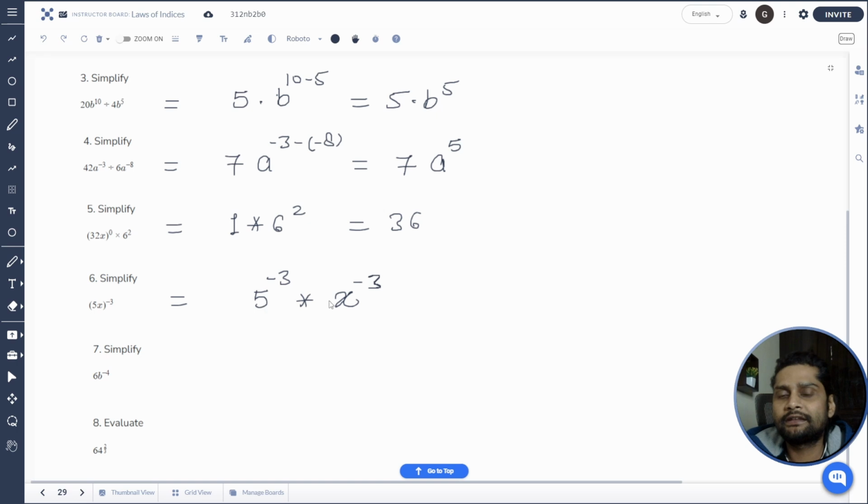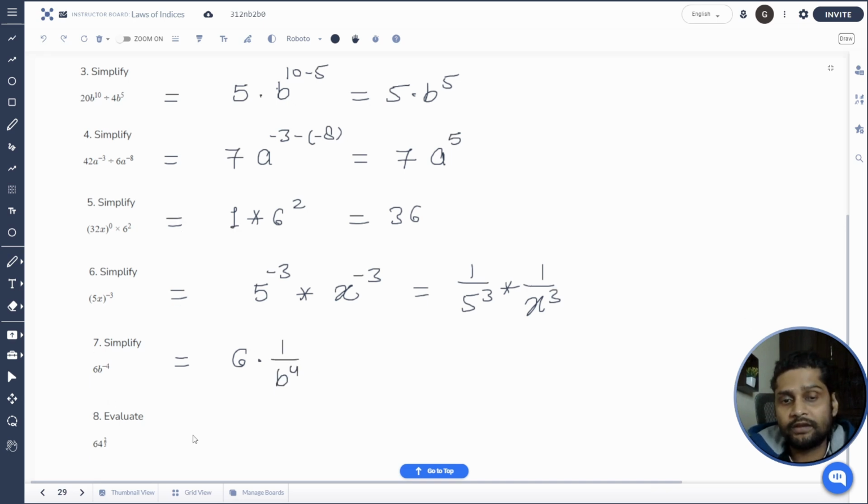Either we can leave it like this, or we can further use the reciprocal in order to look better. We get 1 over 5 raised to the power of 3 times 1 over x raised to the power of 3, or as usual, there are many ways in which we can represent the answer. In that question again, 6 is kept as it is, b goes down as reciprocal, so the exponent becomes positive.